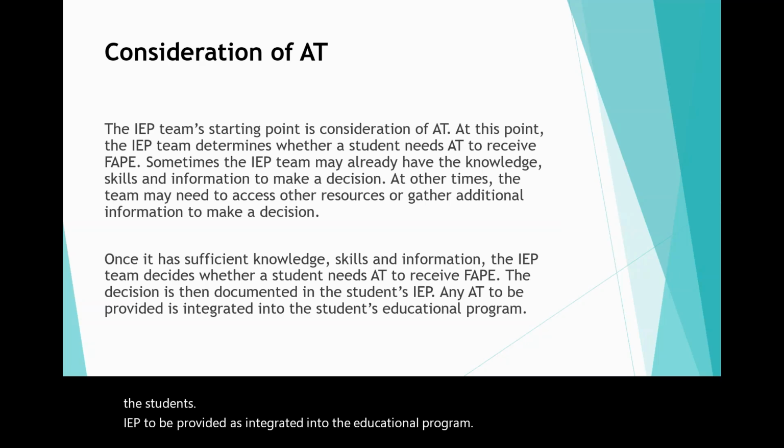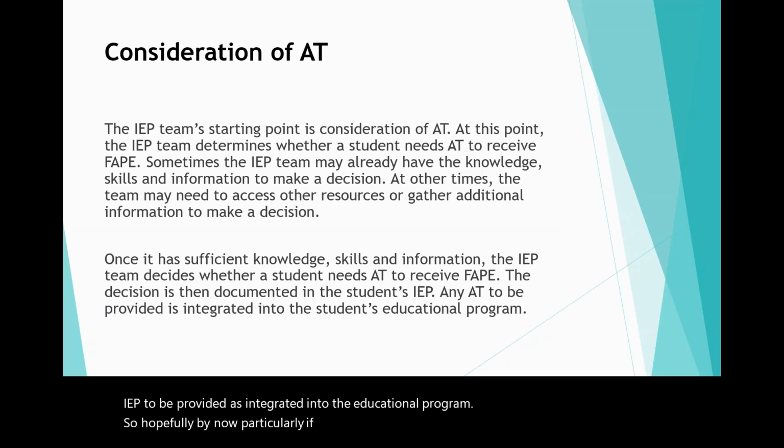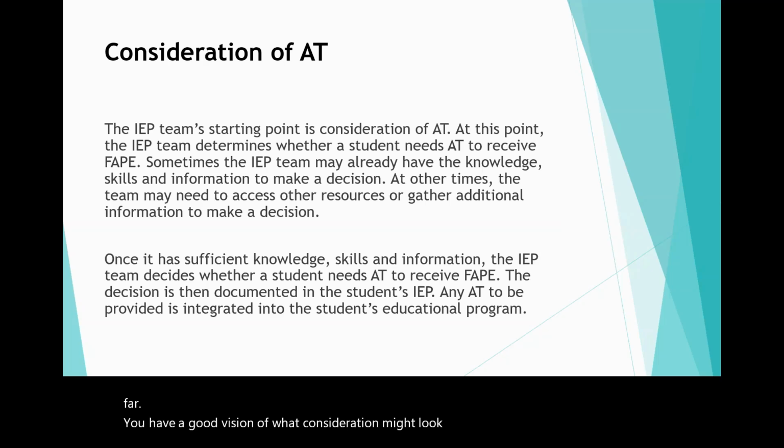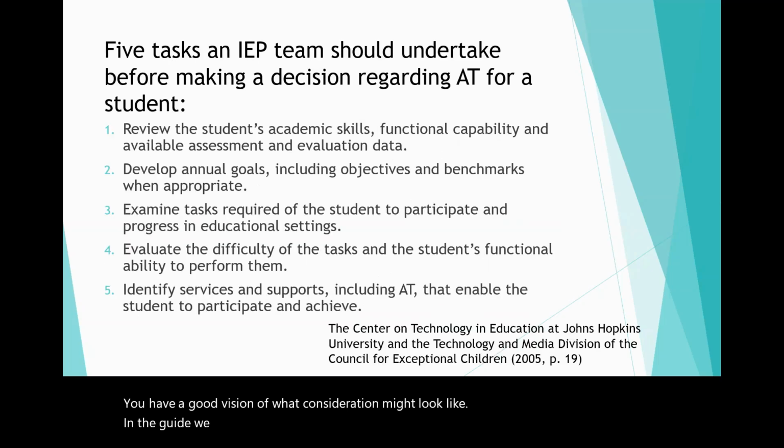So hopefully by now, particularly if you've participated in both of the webinars we've offered so far, you have a good vision of what consideration might look like. In the guide, we added some information to clarify that just a little bit.